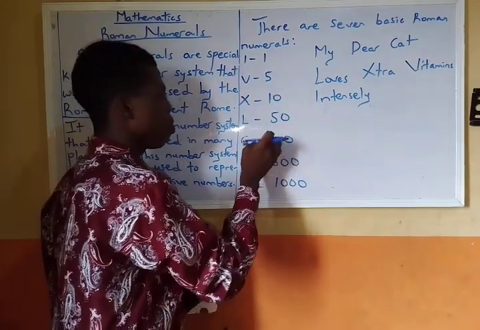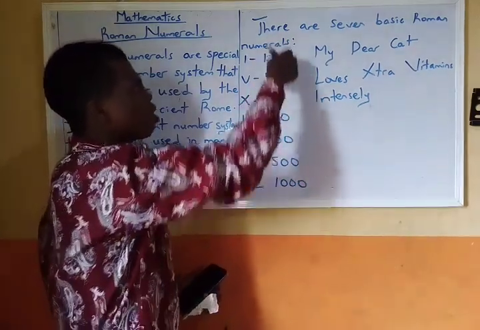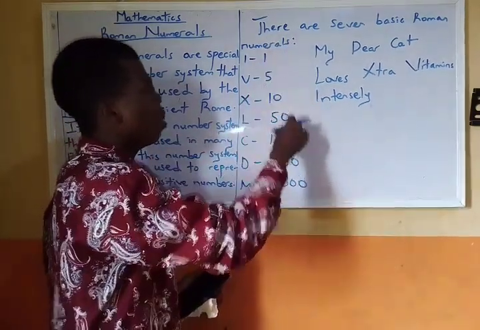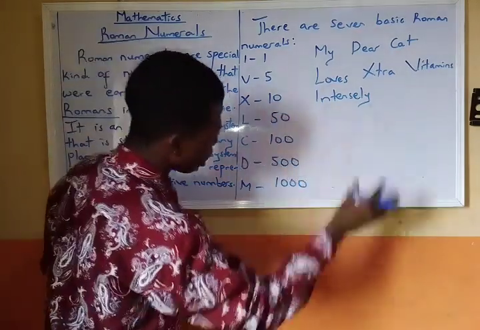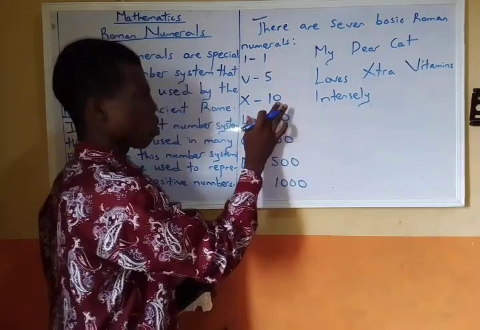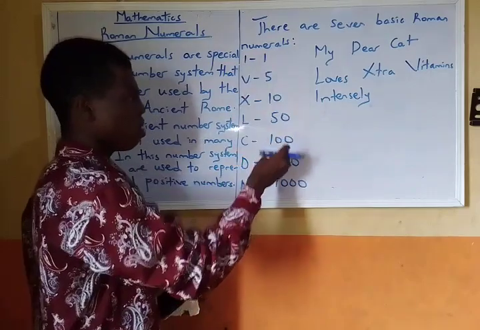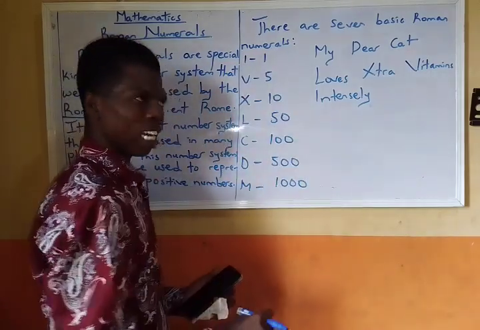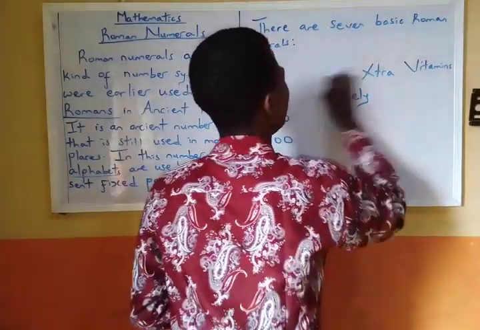Now you notice the first two here we don't have 0, but the next two we have 0. Then followed by the other two, we have 2 zeros. Then we have 3 zeros. No zero, 1 zero, 2 zeros, 3 zeros. Is that clear now? So these are the 7 basic Roman numerals.